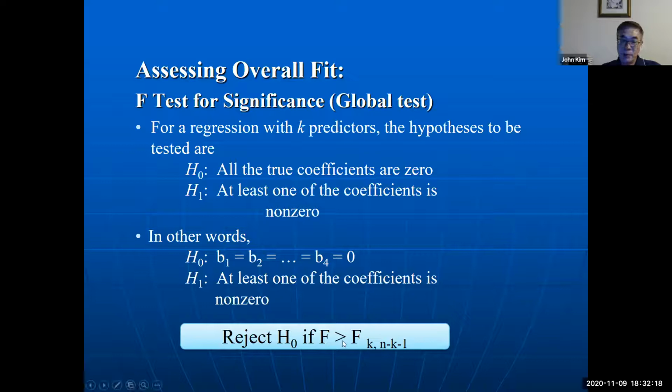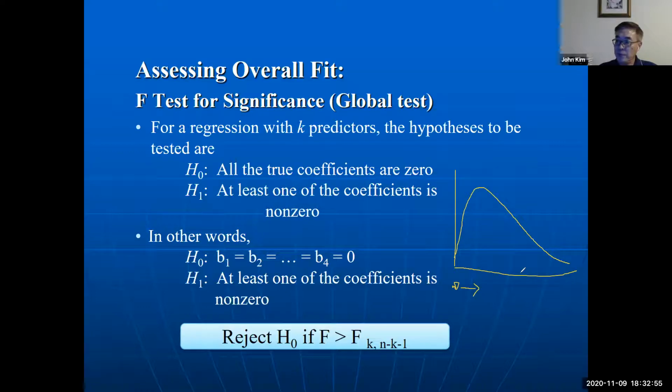The F distribution looks like this, and all values are positive, from 0 to a positive number.